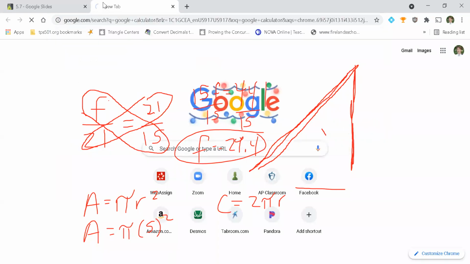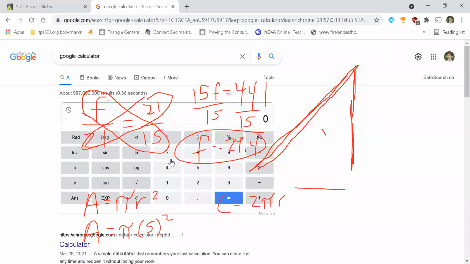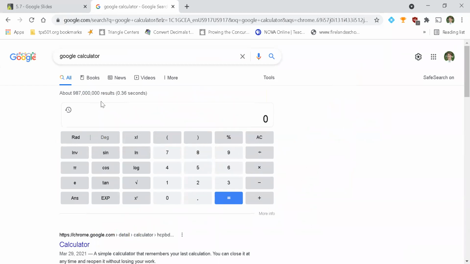Let's see. If you type in Google calculator, they have a pi button. So you could use this pi button right here and do pi times 5 to the second power. If you want to use 3.14, you can, but your answer will be less accurate than the actual pi key because pi is an infinite non-repeating decimal, not just 3.14.